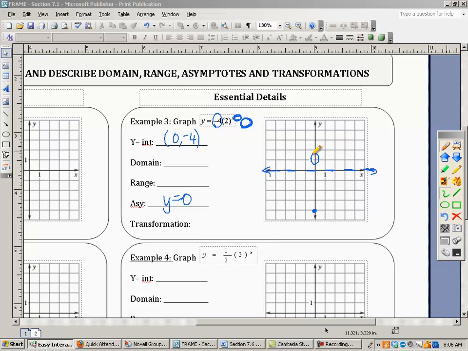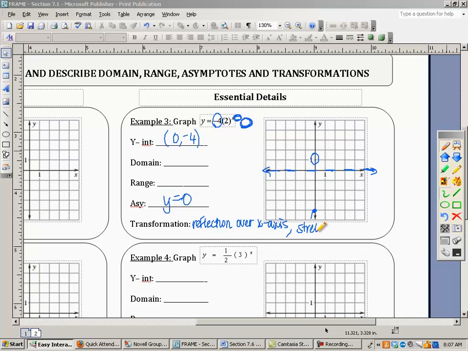So let's talk about what's different. Can we describe this first? And I would expect that you could describe this after doing transformations earlier. One, it's no longer above the x-axis, it's below. So my first transformation is a reflection over the x-axis. That's the first part because it was above, now it's below. Also, a reflection would normally put it just at 0, -1, but you'll see it's stretching farther away.